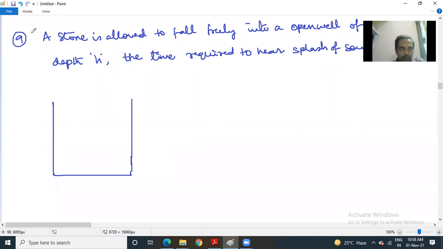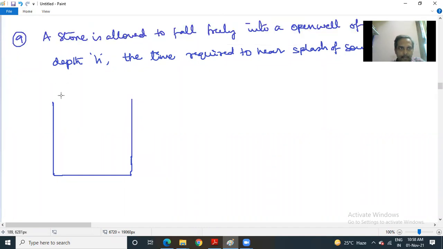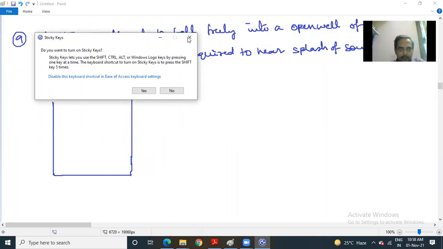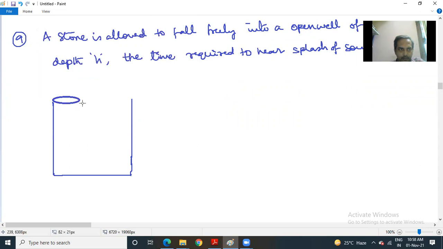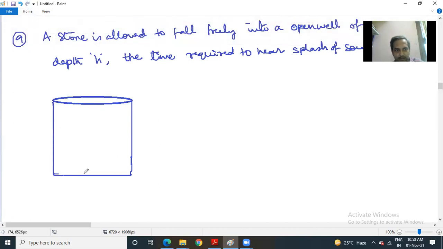This is the open well, with maybe water almost at the bottom. So this is the depth of the well, and the person is dropping the stone here.